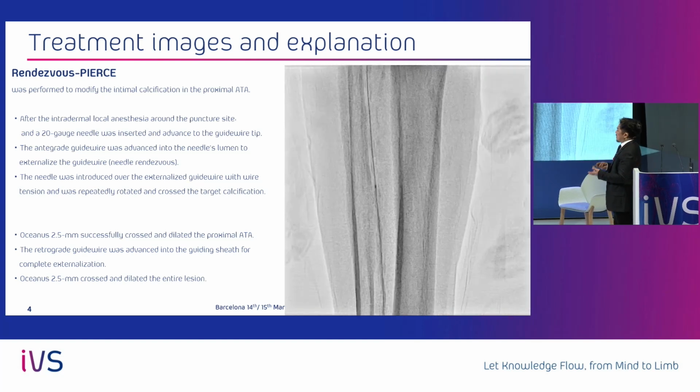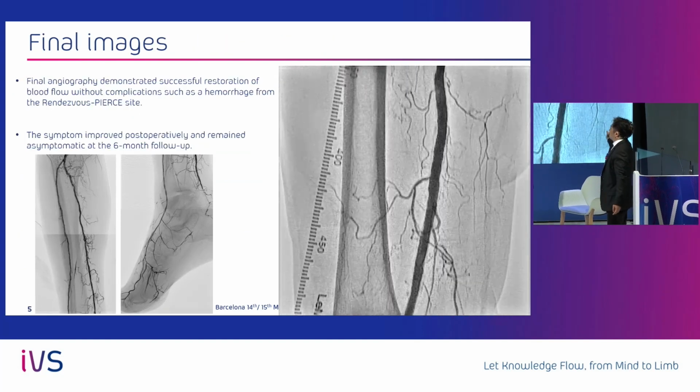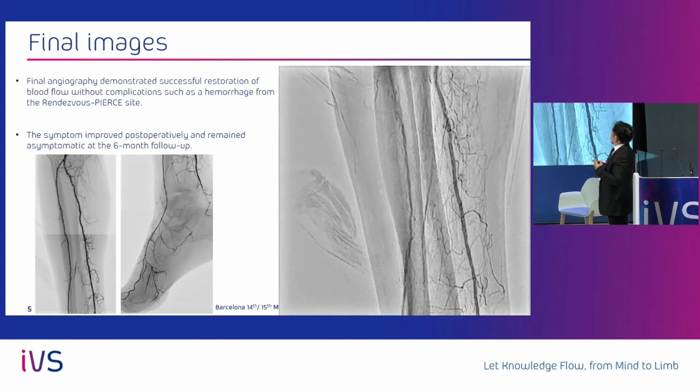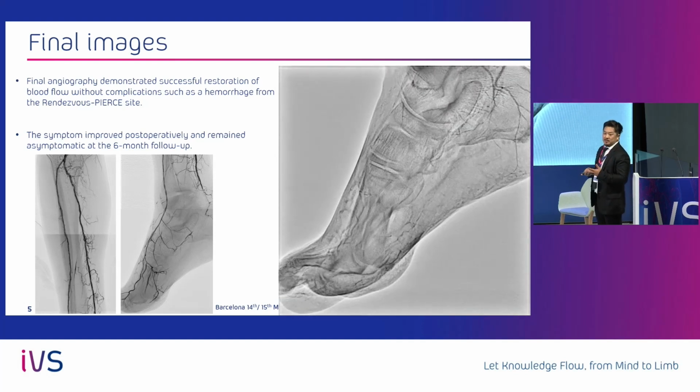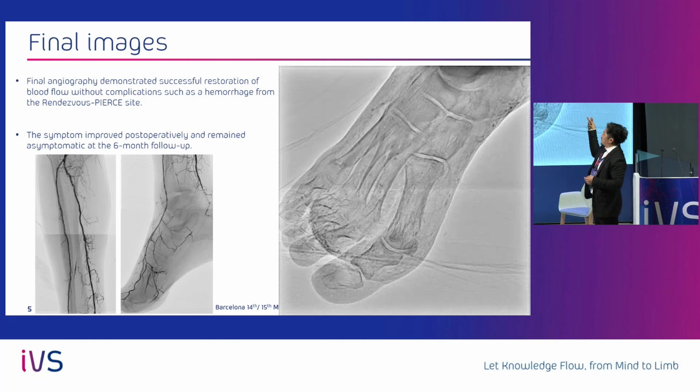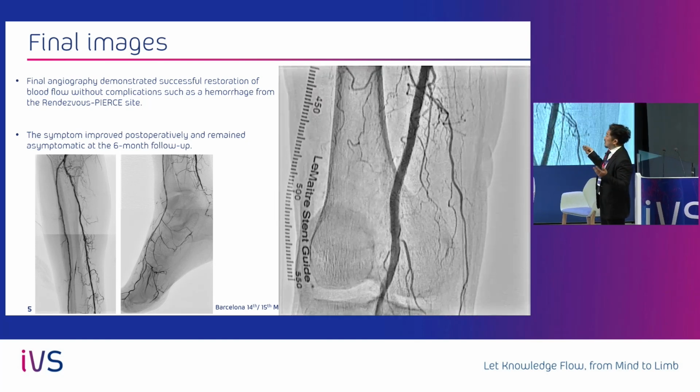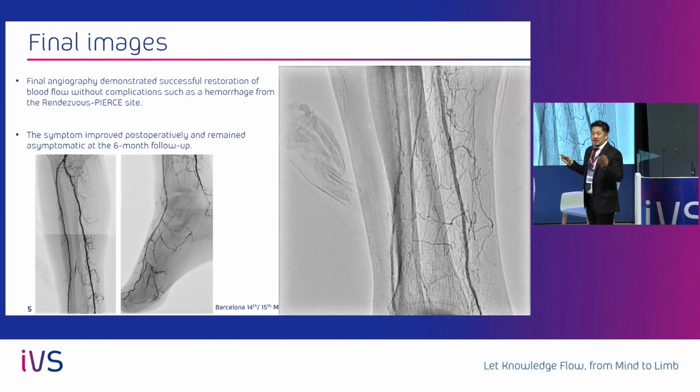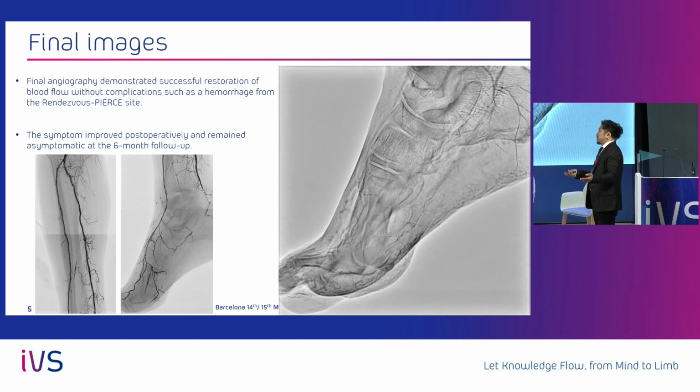Finally, a 2.5 Oceanus crossed and dilated the entire region like this. This is the final angiography. Angiography demonstrates successful revascularization without any complications, such as hemorrhage from the rendezvous pierce site. This patient's symptom improved, and no symptom remained at 6 months follow-up.